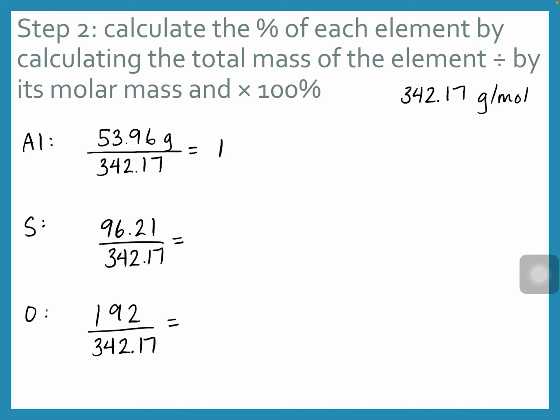So that is 15.8% from aluminum, and 28.11% for sulfur, and I only did 3 significant digits for aluminum, which it should have been 4.